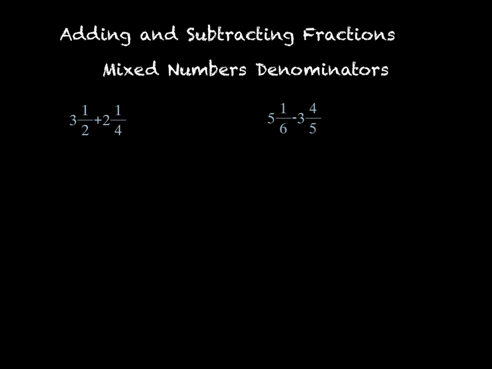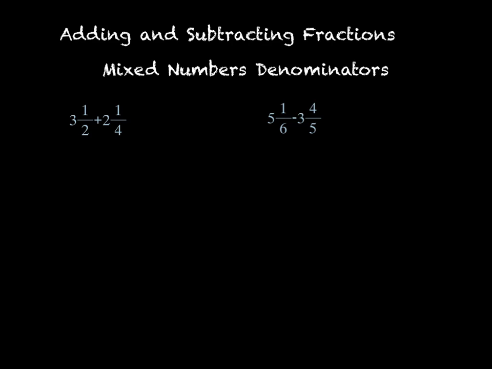Now we're moving on to mixed numbers. Remember, mixed numbers are whole numbers with fractions. These are both ones where they have whole numbers and fractions, but you can do a whole number and a mixed number minus just a fraction too. So let's take a look at these and how these are different.